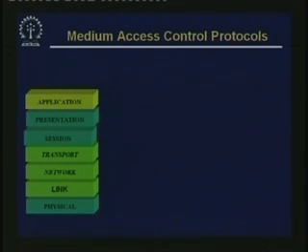We had been mostly talking about the physical layer till now, although for optical networks we sort of ventured into some of the higher layers. But from this lecture onwards we want to concentrate on the link layer.